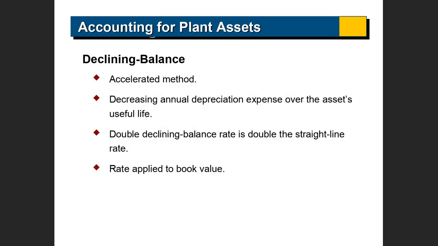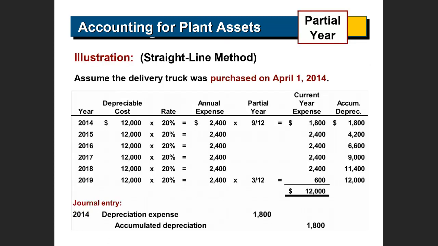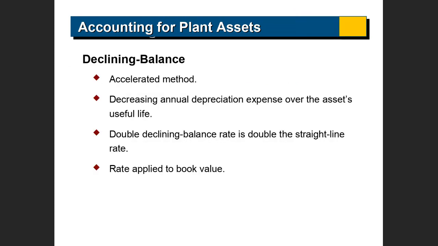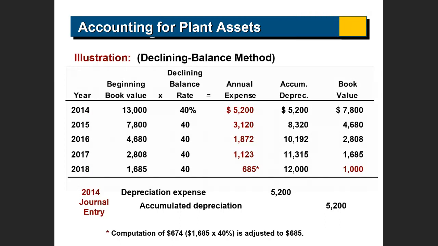by the way, in the straight line method, you subtract the salvage value. But in the declining method, you don't subtract the salvage value when you do the calculation. And you depreciate double the straight line.